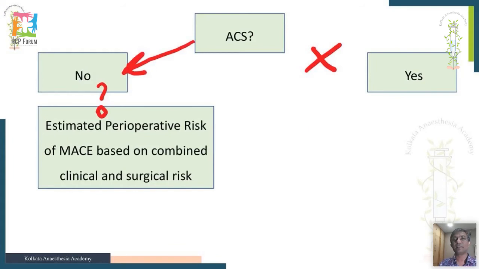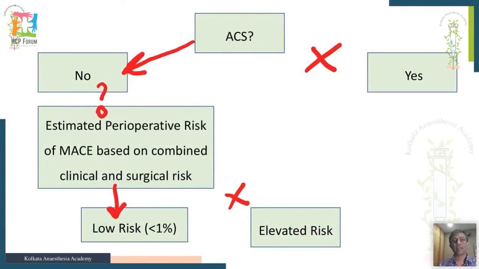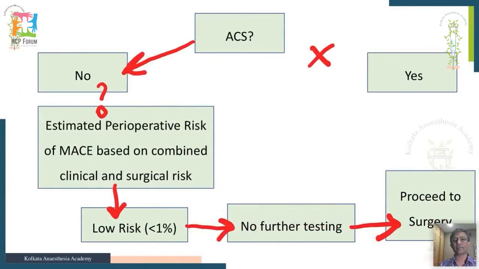If you find that it's a non-emergency surgery, no active cardiac condition, you apply the risk models, find out the estimated perioperative risk based upon the combined, again, the patient and the surgery. You can have 2 things. It can be either low risk or an elevated risk. If it is low risk, you just proceed to surgery.